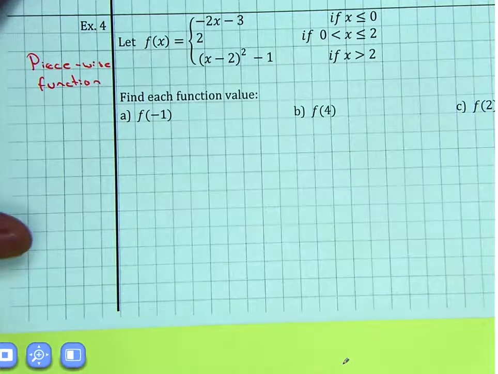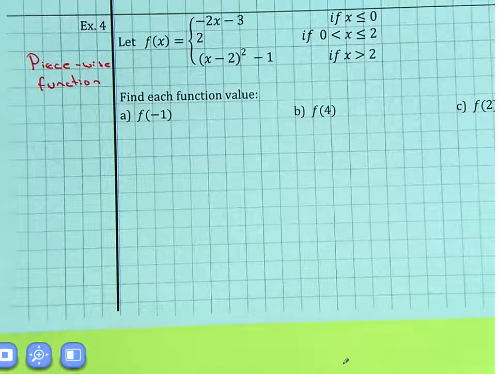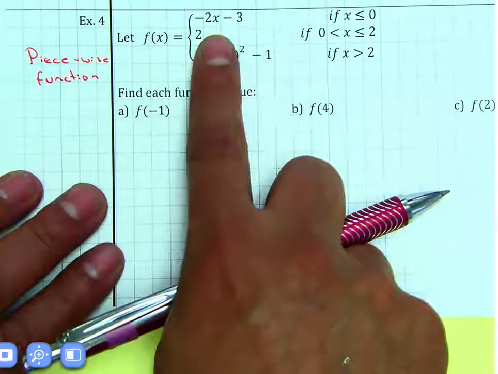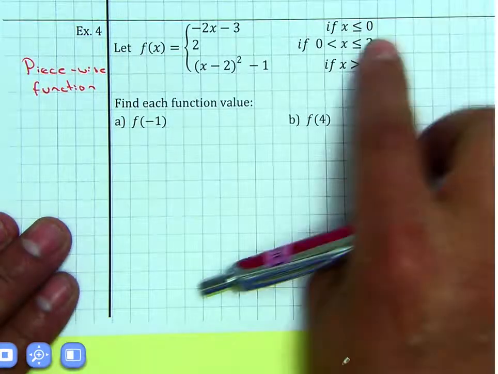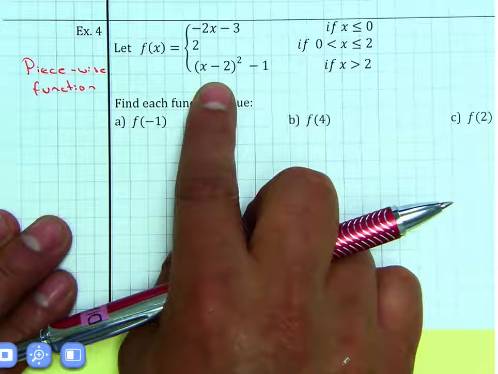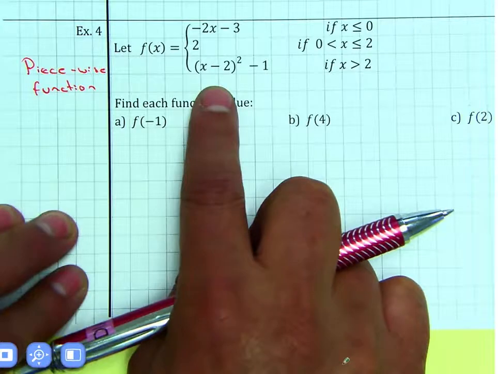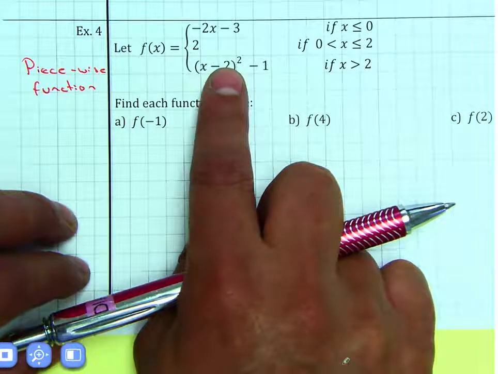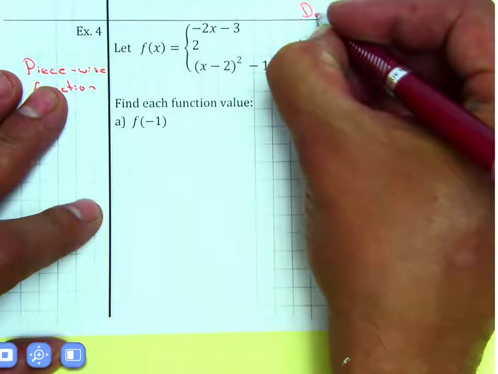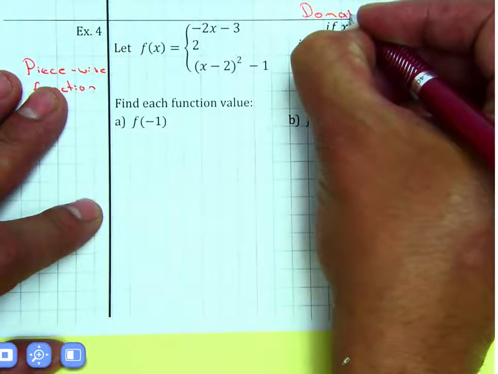Now, when you are covering piecewise functions, it's basically just a function that has different domains for each of the components. So we basically have 3 functions within one, or 3 equations, or 3 graphs within one, and each of them take a different part of your domain.